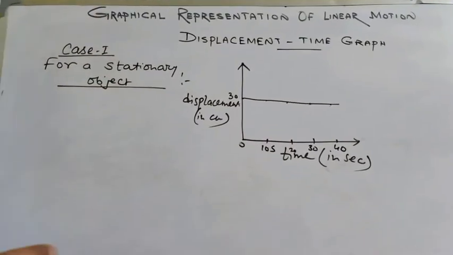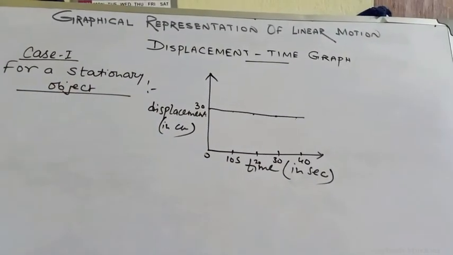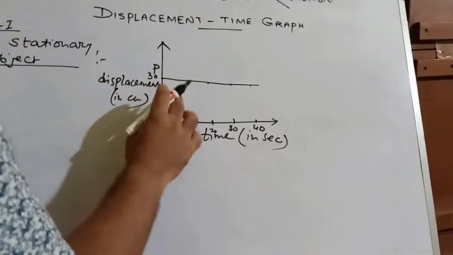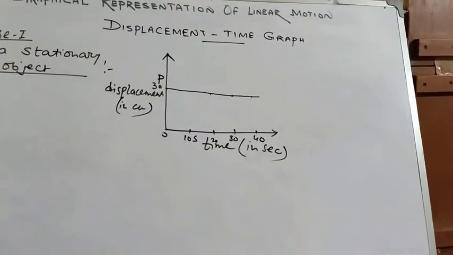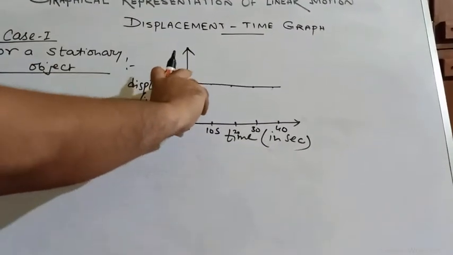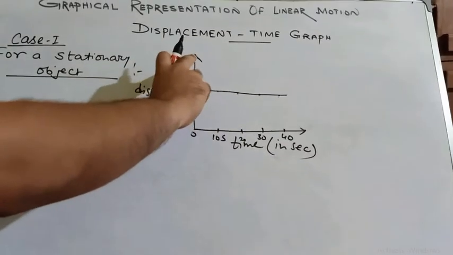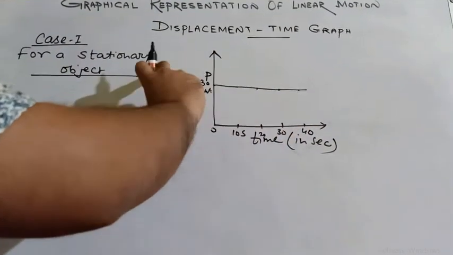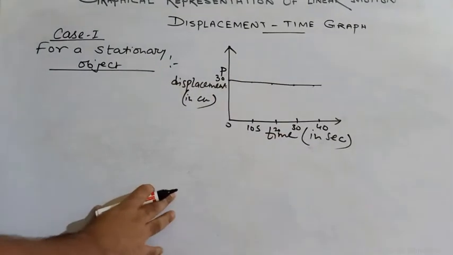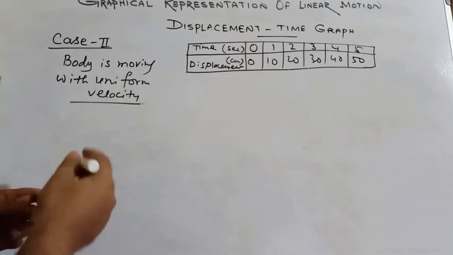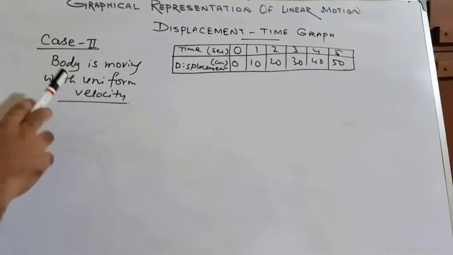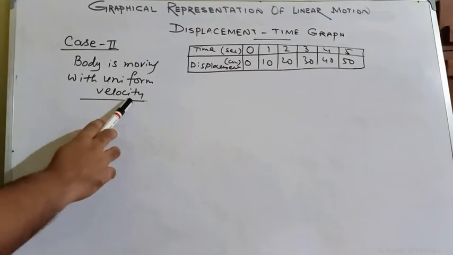Now from the graph, if I give a name here, suppose I have given the name P, so it becomes OP. So from the graph, OP is the distance of the body from the origin O, and it remains the same at any instant. Clear? Now I will discuss case 2, where the body is moving with uniform velocity.